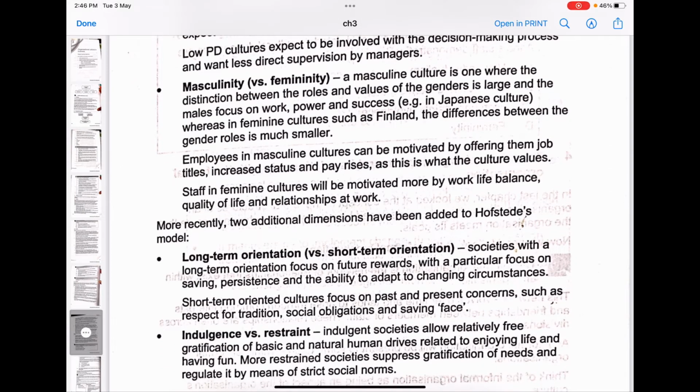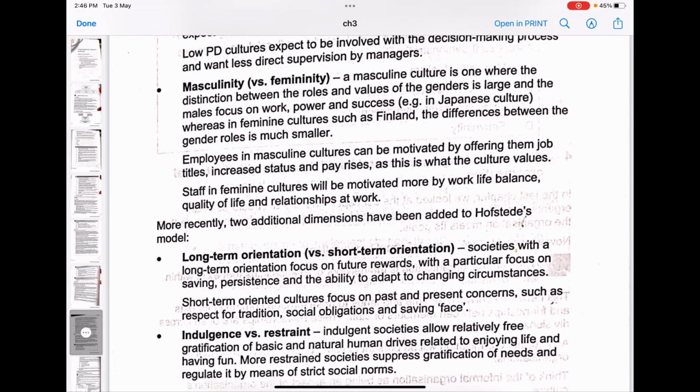Masculinity versus femininity. A masculine culture is one where the distinction between the roles and values of the genders is large, and males focus on work, power, and success, for example in Japanese culture. In feminine cultures such as Finland, the differences between gender roles are much smaller.